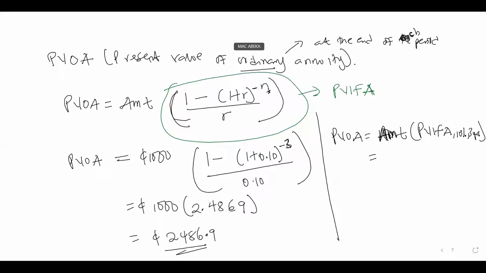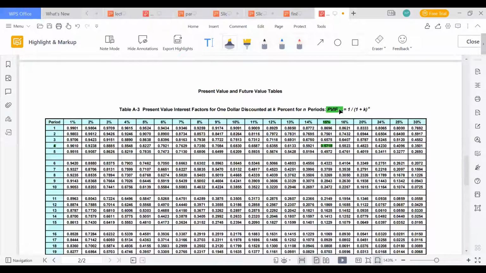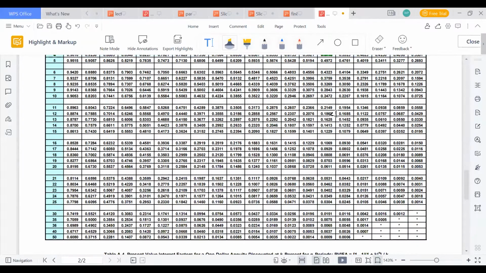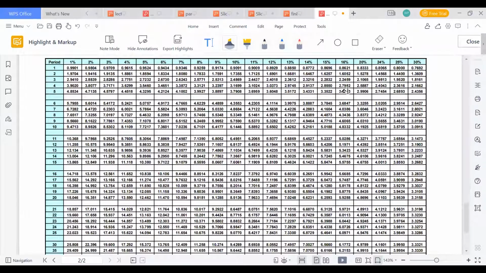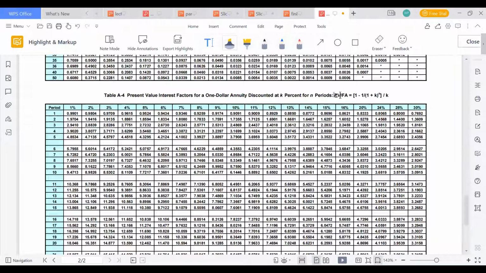So we just come to our table here. This is present value interest factor. That's not what we are looking for. You scroll down, the last table in the document I sent to you. We have present value interest factor of annuity. So we simply look for 10%, 3 years. They meet here. So you get 2.4869.